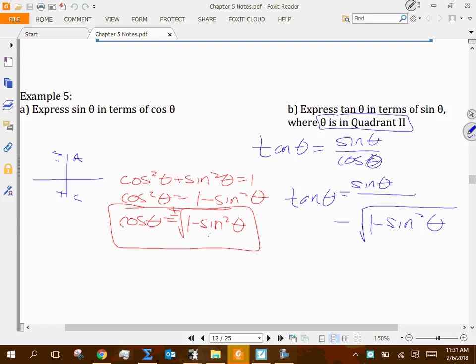And the reason I had to do that is because tangent in the second quadrant is negative, right? And right now, we have a positive divided by a negative, and that should tell me that tangent should be evaluated as a negative number.